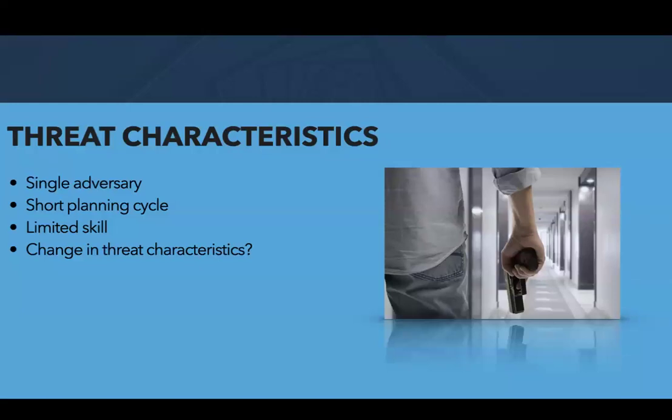And then I've got on here change in threat characteristics. We did see a change a couple of weeks ago. We saw a Marine Corps veteran, who was a pogue. He wasn't a combat arms guy, but he was still in the Marine Corps, so he still had to go to boot camp. I'm an old Marine, so I didn't have this when I went in, but for years they had this thing called MCT, where no matter what MOS you had joined for, whatever military occupational specialty, after boot camp, whether you went to San Diego or Parris Island, you went to Marine Corps combat training.